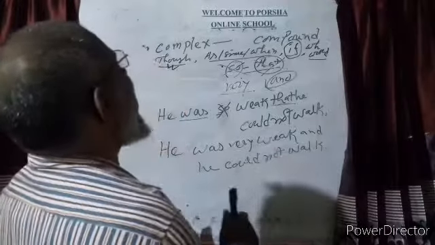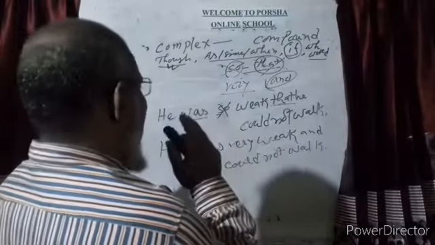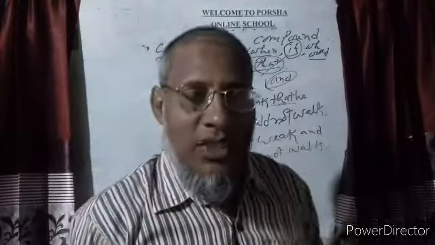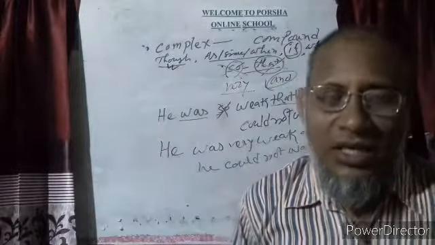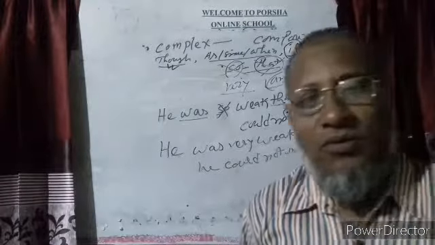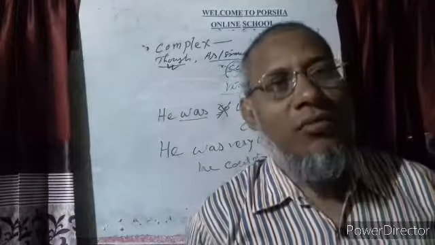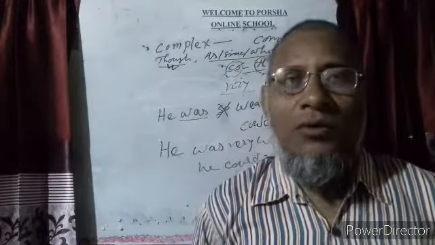So my dear student, today we have discussed changing from complex to compound. If there is although, then compound will be with but. If there is as, since or when, compound will be with and. If there is if plus negative part, then compound will be with or.